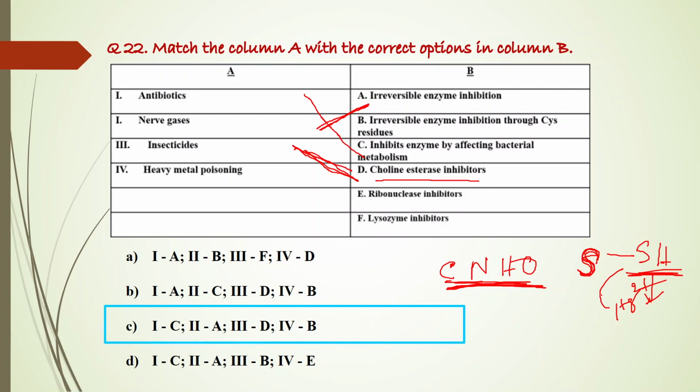So most of the time the heavy metal poisonings happen by irreversible enzyme inhibition through binding with the cysteine residues. So now we have all the options matched correctly, and our correct option should be option number C.